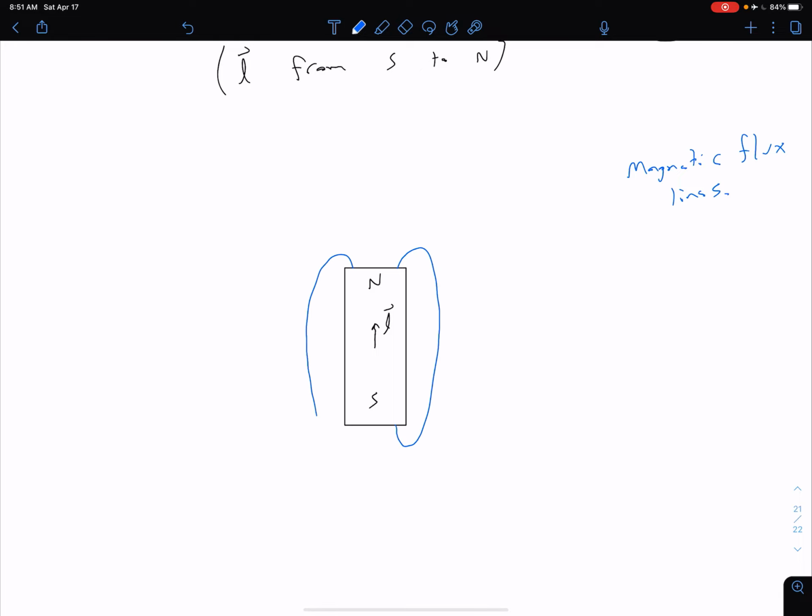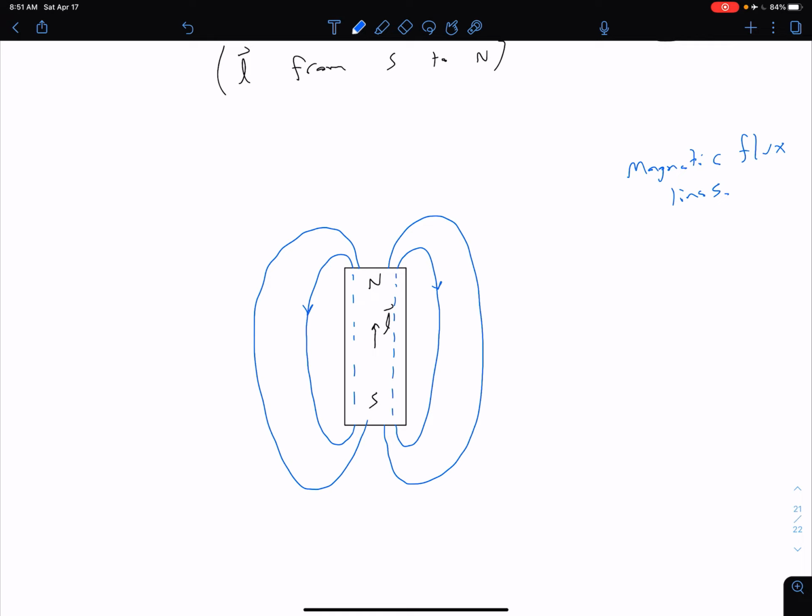We have these magnetic flux lines which are going to be originating at our north pole and moving towards our south pole and terminating at the south pole. Of course, we also have these flux lines continuing inside of our bar magnet as well. And so we can draw more flux lines, something that looks like this maybe. We can draw any number of these, and they should be sort of symmetrical. I'm not doing a great job of drawing it, but we have something like that. And this will come back and come in here, and again, they're always originating at our north pole and terminating at our south pole.